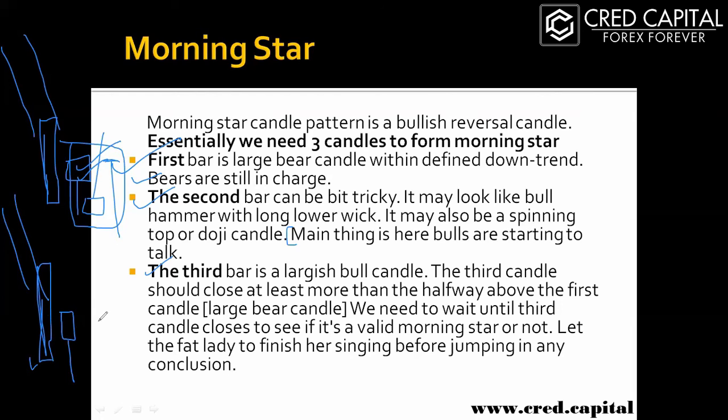With this pattern formation, we have the third candle, a long bullish marubozu, which should at least complete half of the first bearish marubozu. It should be completed till half of the first candle.